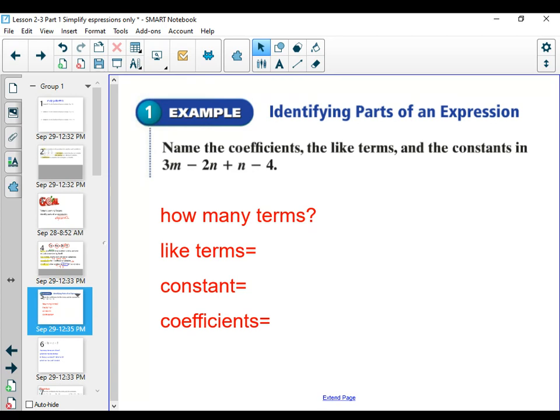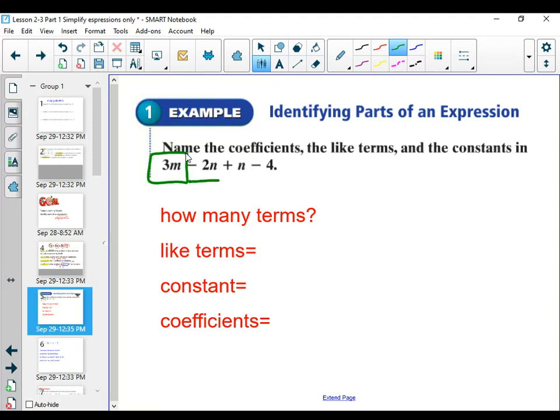So, just working our way down those notes. The next expression I see, 3m minus 2n plus n minus 4. Now, it might not ask you on your notes how many terms there are, but I always check that first. I see a 3m. Be extra careful here.